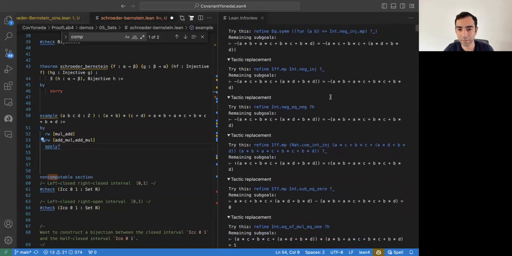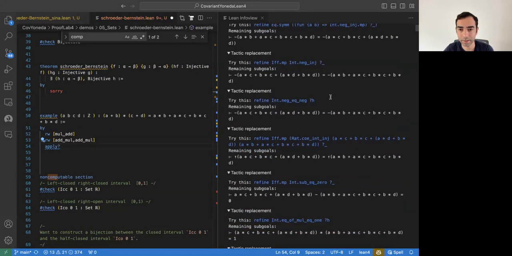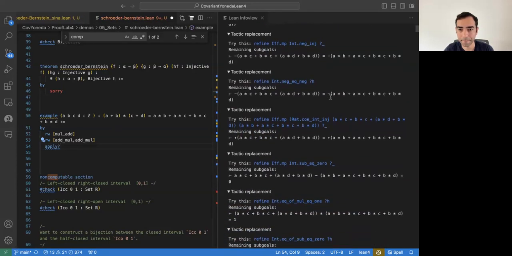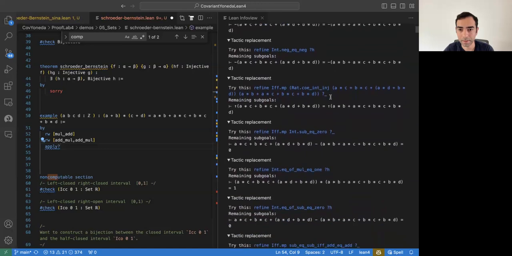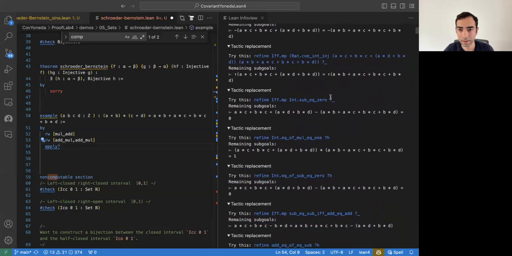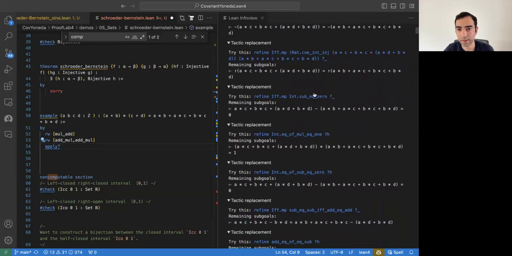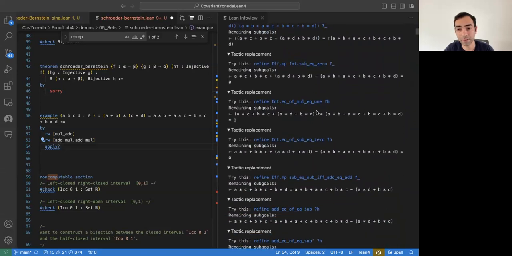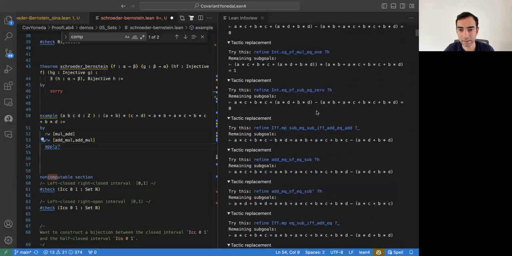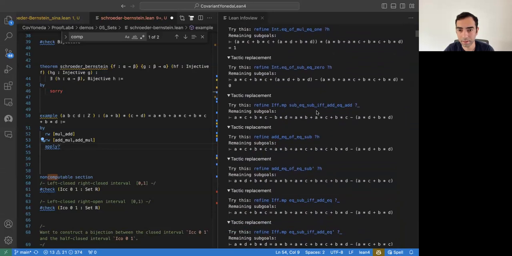Well, that's not going to help. That actually makes things more complicated. Right, maybe this one. Well, what it does is bring everything to one side. It can be helpful in some cases, not in this case, I think.